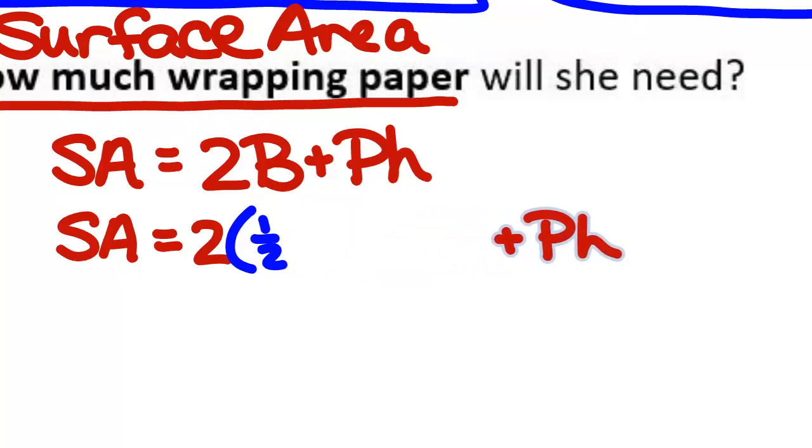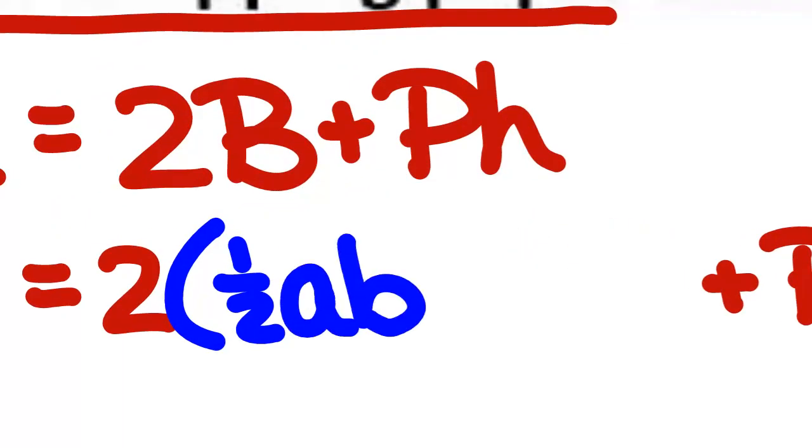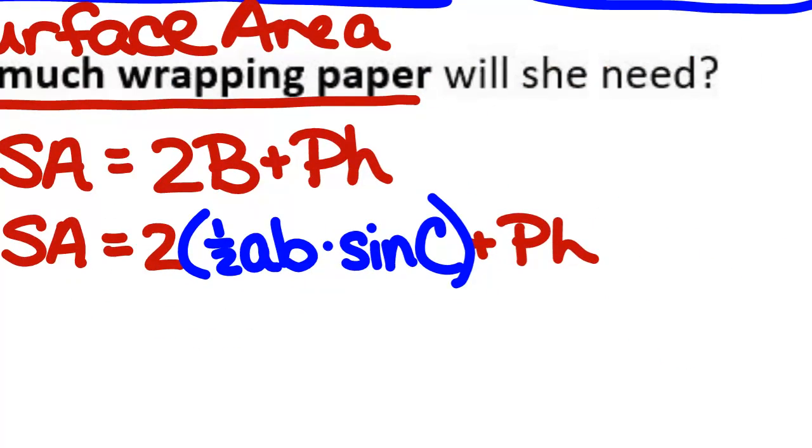Not A plus B, but A times B. 1/2 A times B times the sine of angle C will also find me the area of a triangle. A and B are sides of the triangle, and C is the angle in between those two sides.